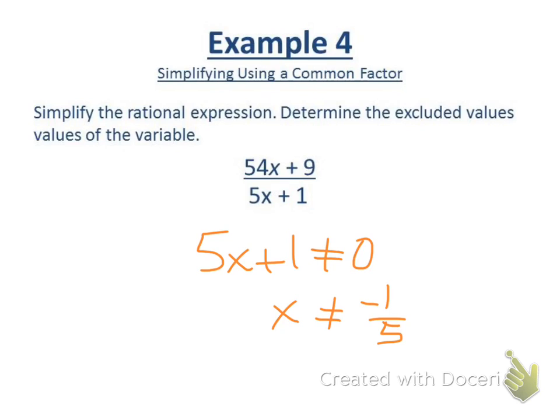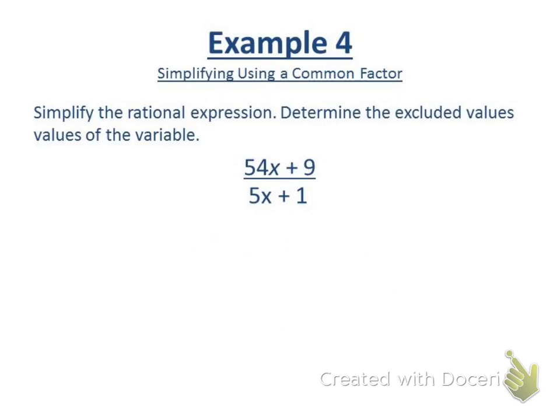Did we simplify it? No. I don't know. Is it simplifiable? How do you simplify fractions? By canceling common factors, and we can't find common factors without factoring, right? So I need to factor this expression. The excluded value is negative 1/5, and you really should do that at the beginning.